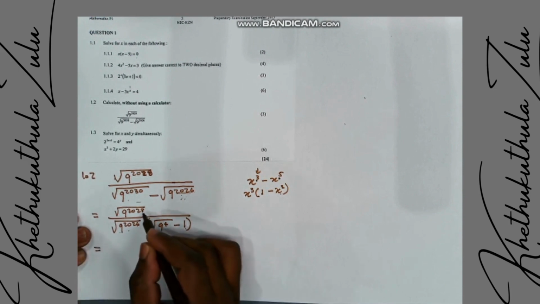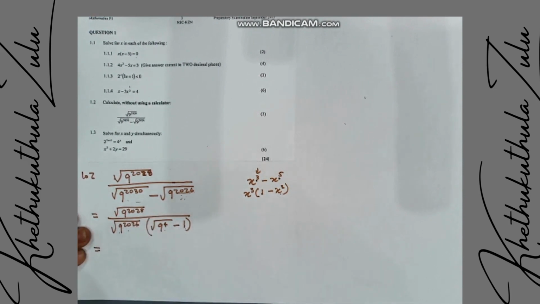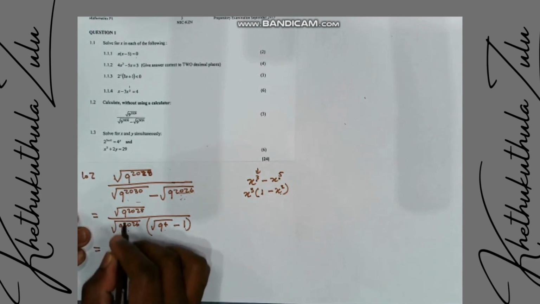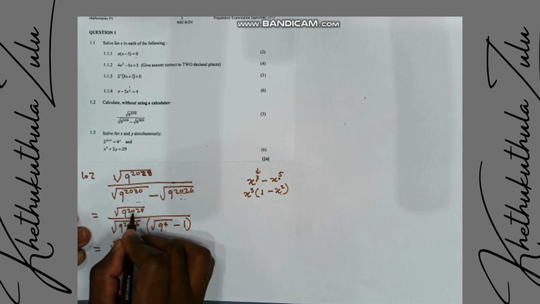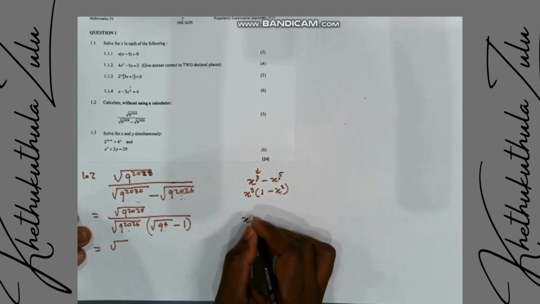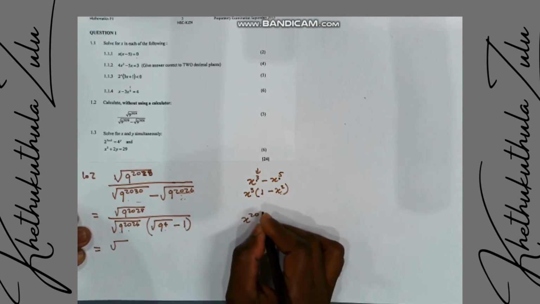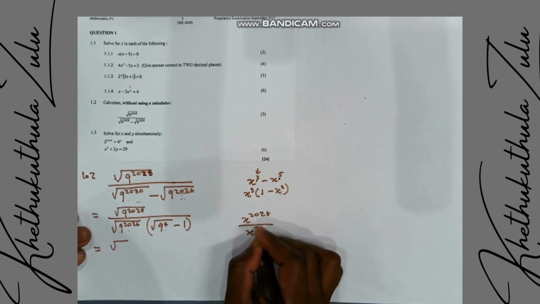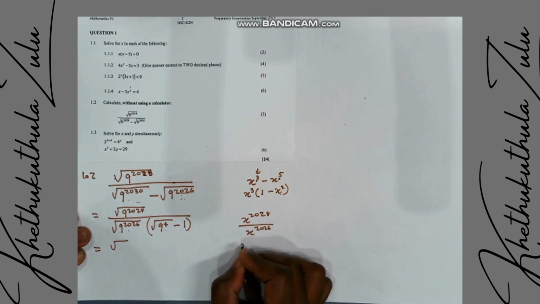Then from here, this and this, we just apply what? The rules of exponents. We have root of 9, 2028 minus 2026. It's like x to the 2028 into x to the 2026.